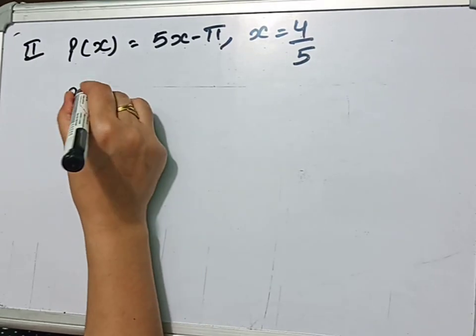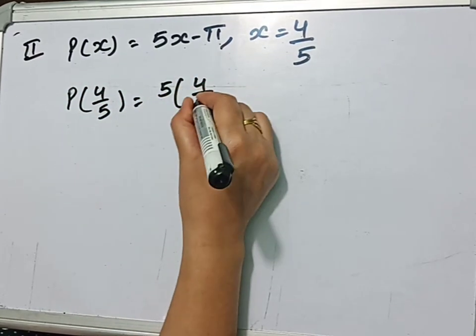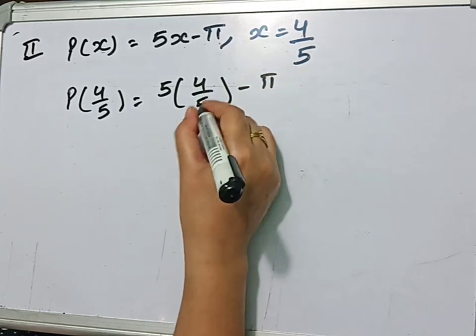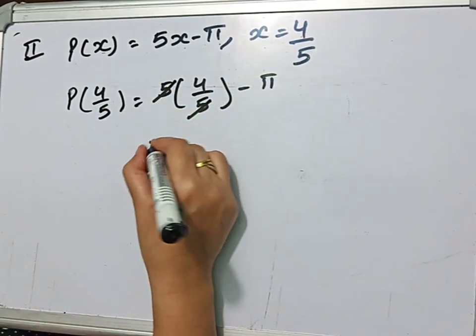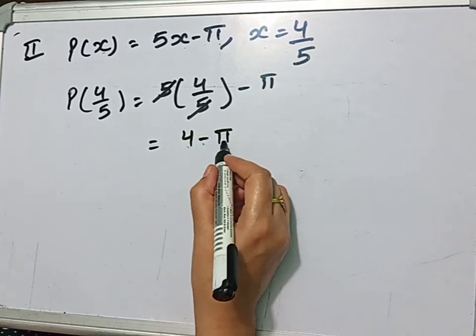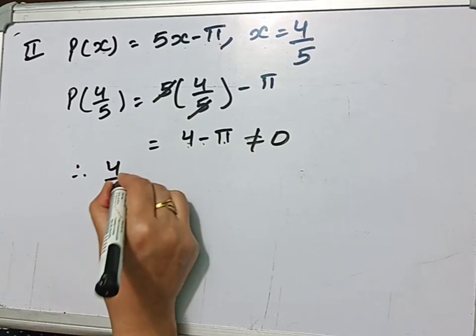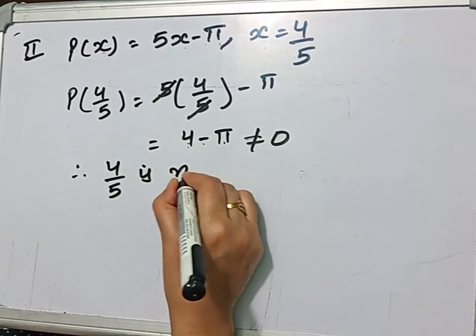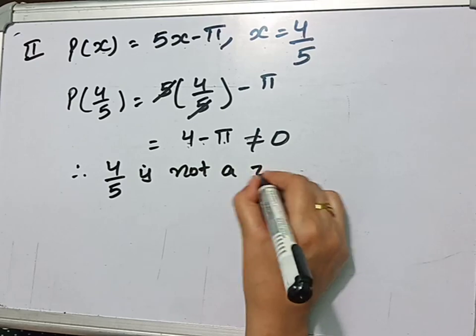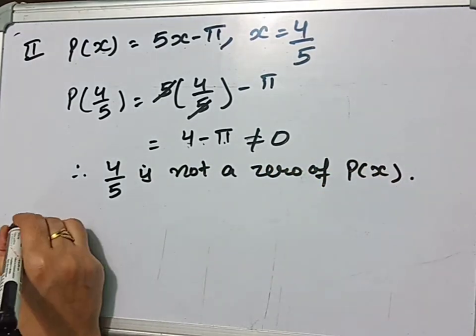Check the value of x is 4 by 5. 5 into 4 by 5. Now 5 and 5 cancelled out. What will be the remaining part? 4 minus pi. Now it is not equal to 0. Therefore 4 by 5 is not a 0 of p(x).